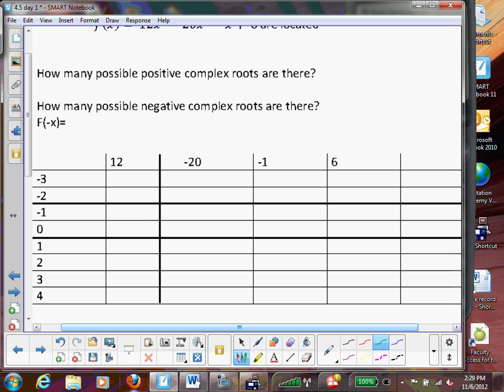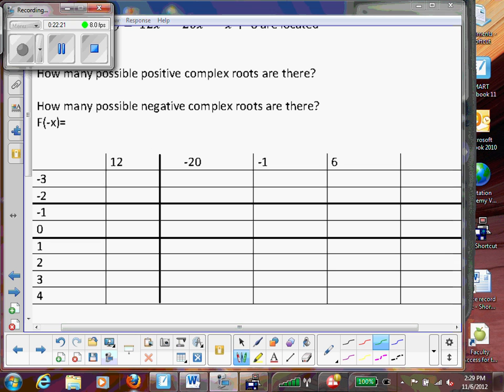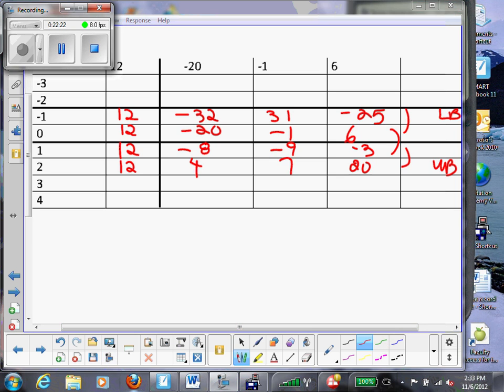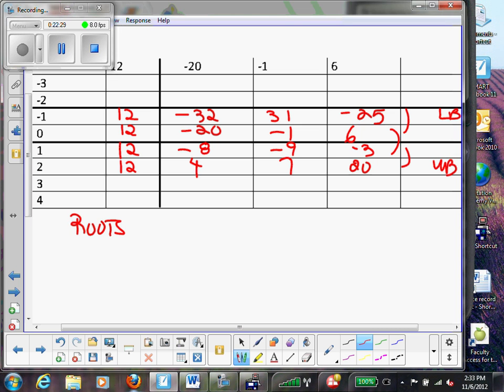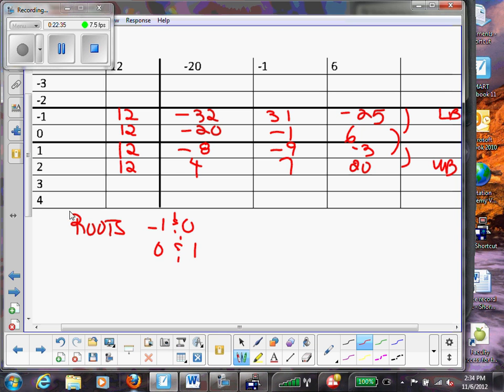Figure this one out yourself. So where are our integers going to be, or our roots? Our roots fall between -1 and 0, 0 and 1, 1 and 2.